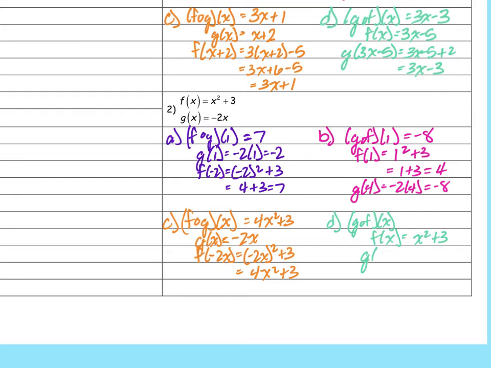And then I want to find g of x squared plus 3, which is negative 2 times x squared plus 3, or negative 2x squared minus 6. Okay. Any questions so far? Are you guys okay with that? Because it's going to be your turn in a minute.